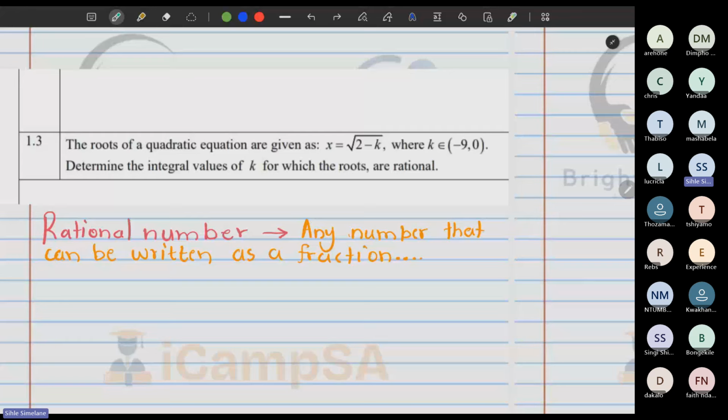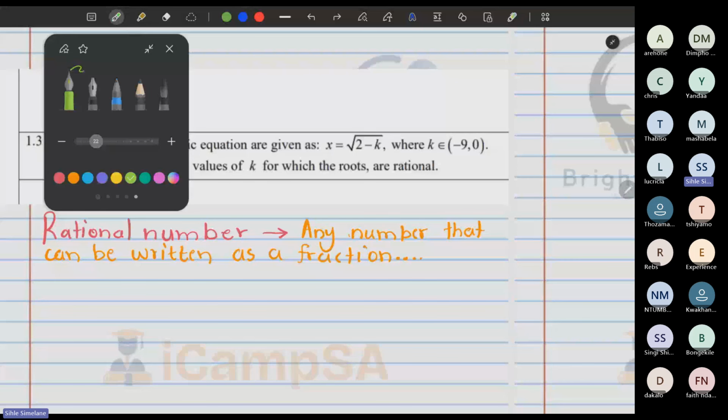You get the question. Is 2 a rational number? It actually is. Yes.